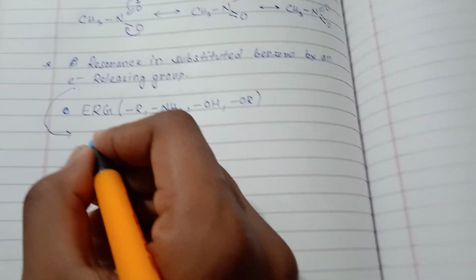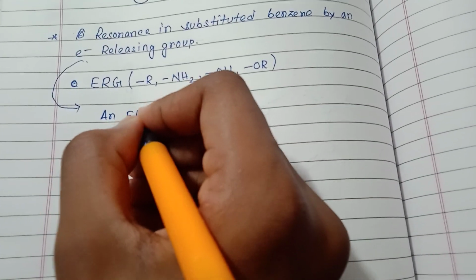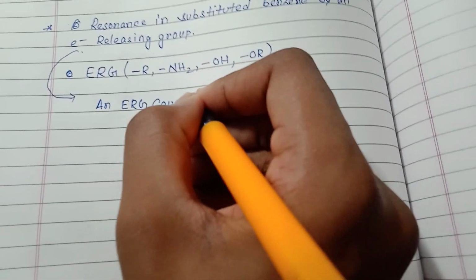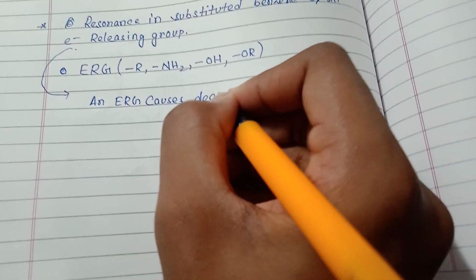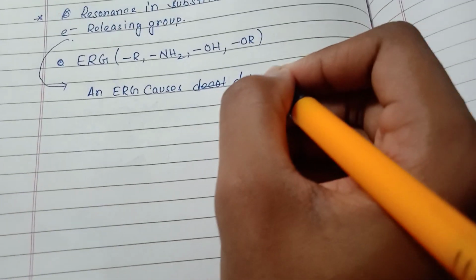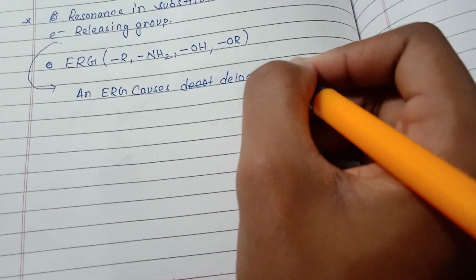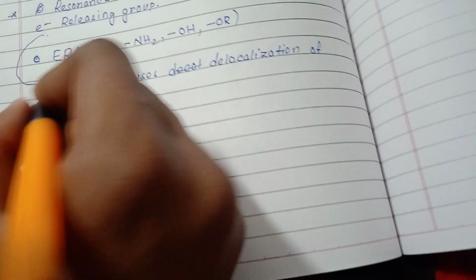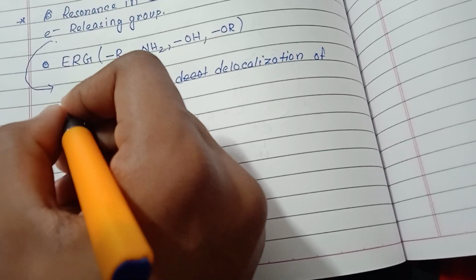An ERG, electron releasing group, causes delocalization of negative charge.